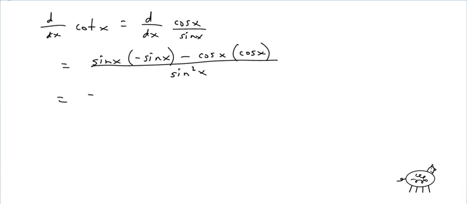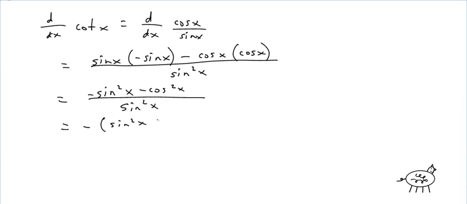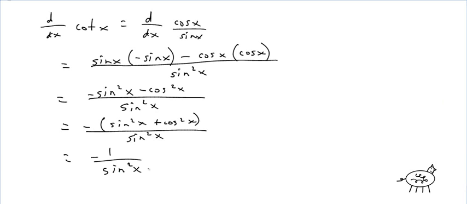So we get negative sine squared of x minus cosine squared of x over sine squared of x. Of course, I can factor out a negative from the top, so I get sine squared of x plus cosine squared of x over sine squared of x. The top gives you 1, but it's negative, so it's negative 1 over sine squared of x.